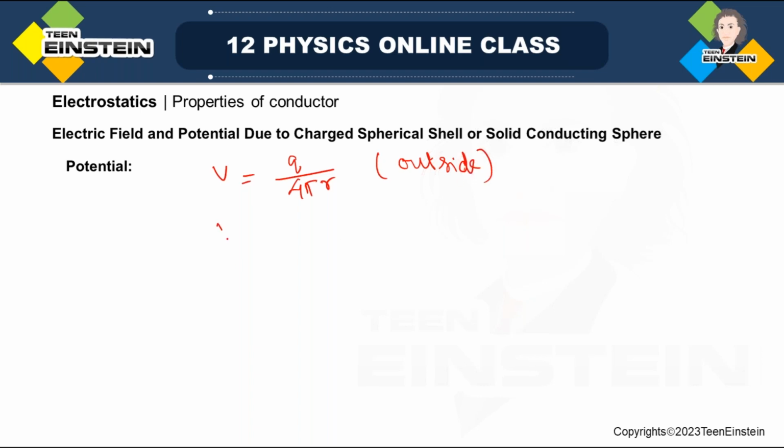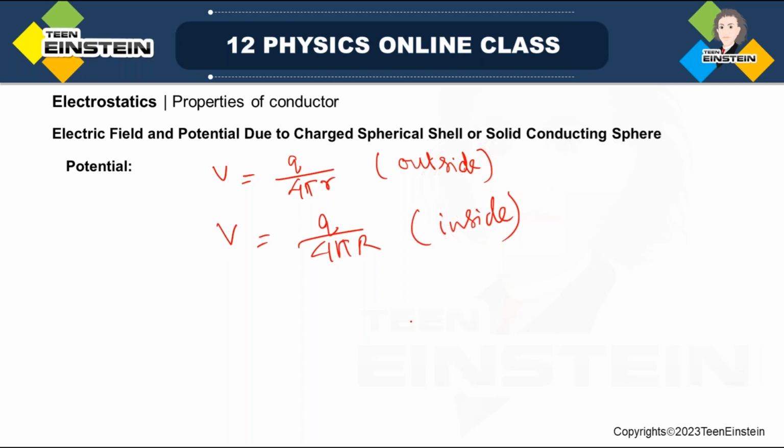What about inside? It is Q by 4 pi epsilon naught capital R. Inside, the potential is this. Now, how do you get this potential?